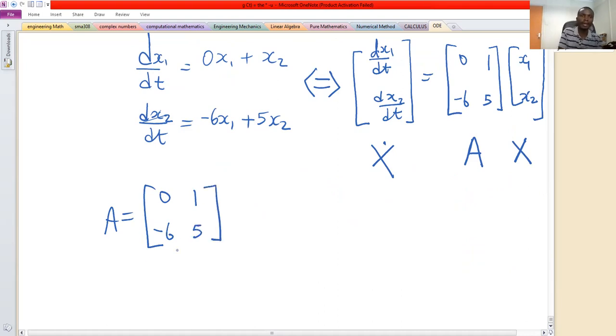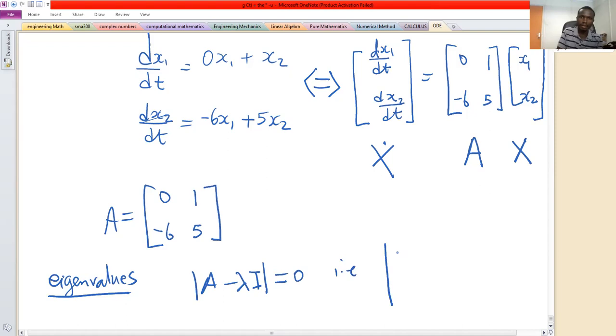So let's get the eigenvalues. To get eigenvalues, you solve the determinant of A minus lambda I equals 0, i.e. determinant of 0 minus lambda is minus lambda, 1, minus 6, 5 minus lambda. This will give us 0.